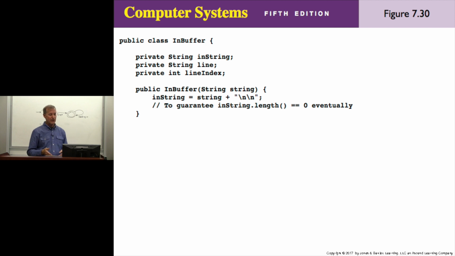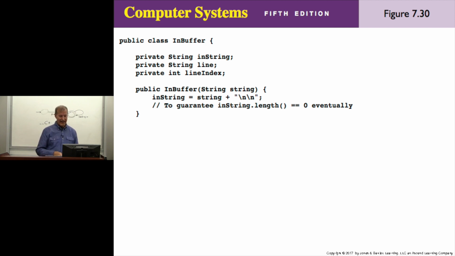So now when we process in string, we can guarantee that the last line is a line of 0 length, even if the user has one line with no new line character at the end. We're going to append it so that we can guarantee that that's the case. Now, are you with me on this? So the loop that we're going to use with this buffer, this guarantees that we can terminate our loop correctly when we use this in buffer.